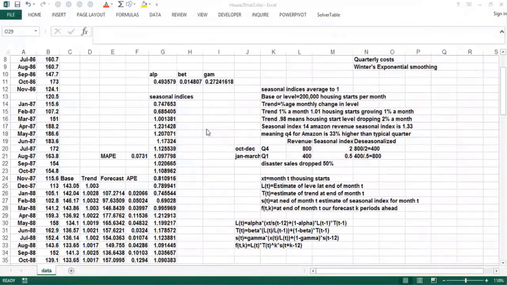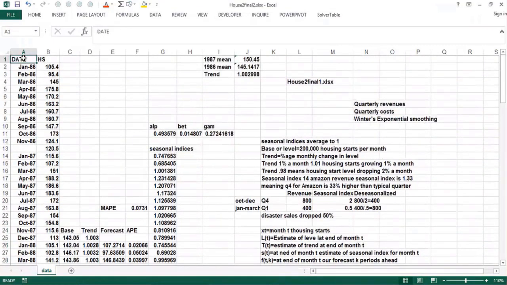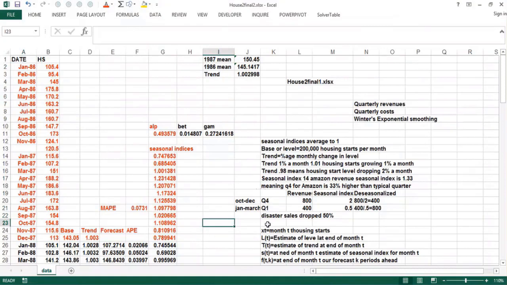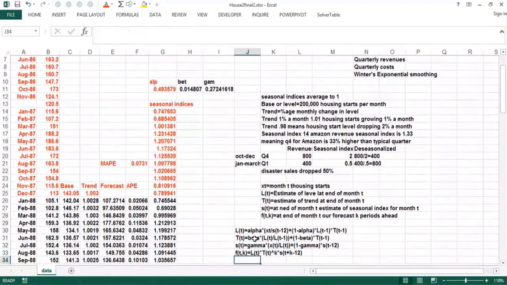So in this video, we'll discuss how we would initialize the Winters method. Basically, we use 2 years of data in most cases to get the method going, so we use 1986 and 1987. Once we have the parameters, the base, trend, and seasonality we discussed in the previous video, estimated, we can use the equations that we talked about to update everything.